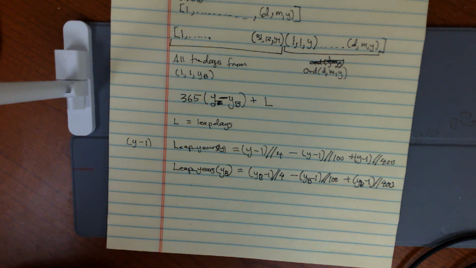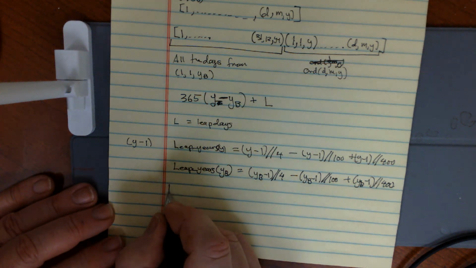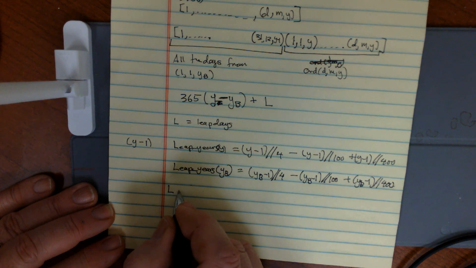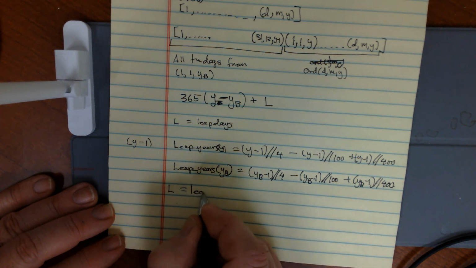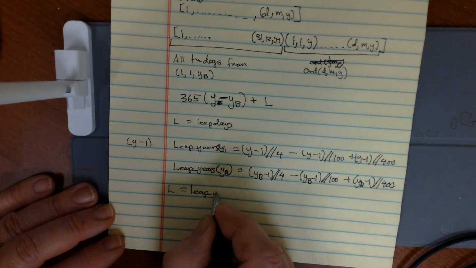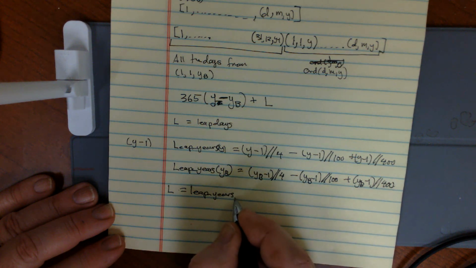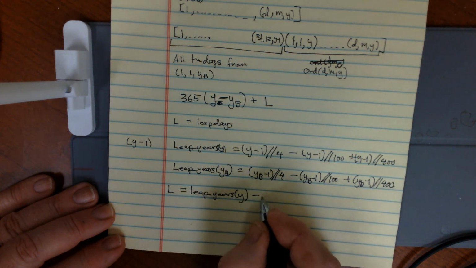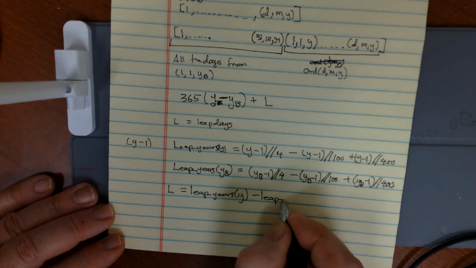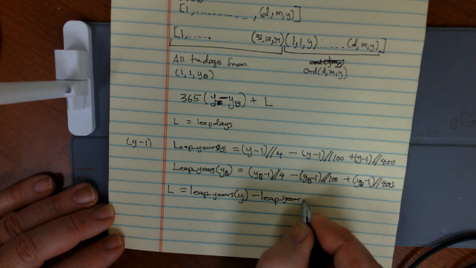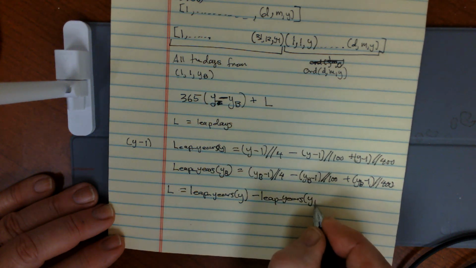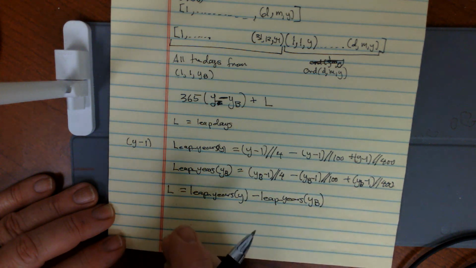Okay. So my L in this case is going to be leap years of Y minus leap years of Y sub B, whatever our base date is.